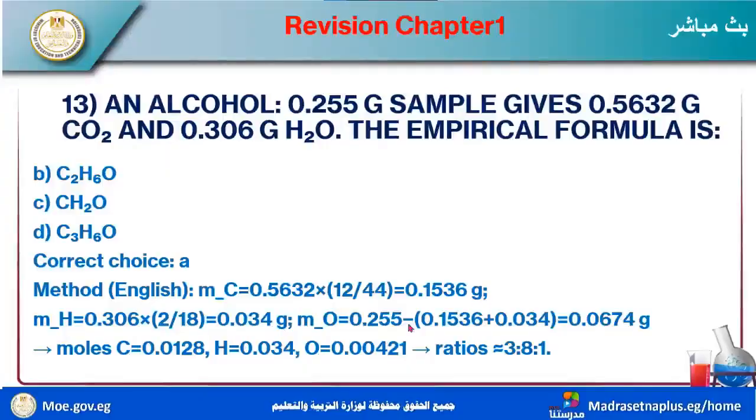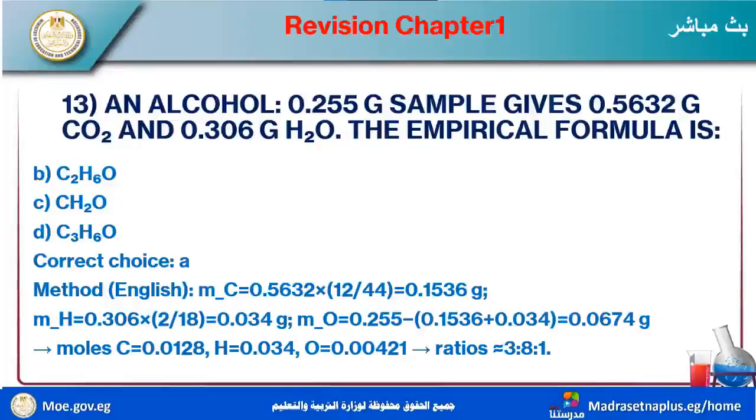And oxygen equals this number, because you have the mass of oxygen, carbon and hydrogen, and the total mass of the alcohol. You subtract the mass of carbon and hydrogen in the sample from the total. Now we have 0.0674 grams of oxygen.